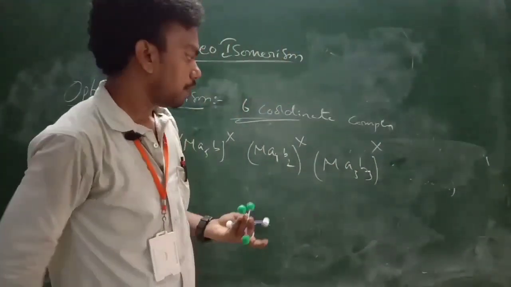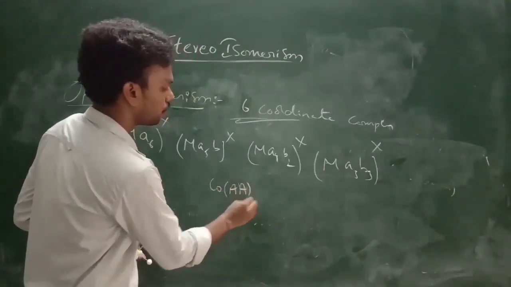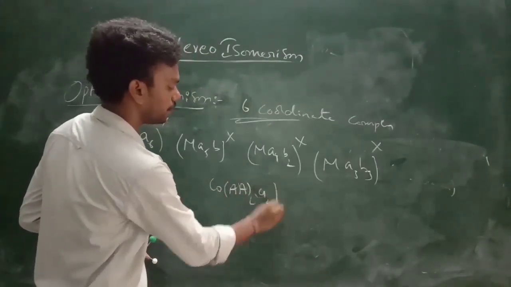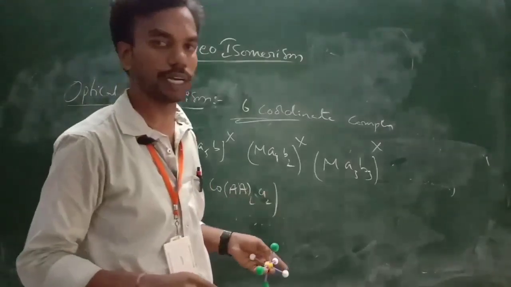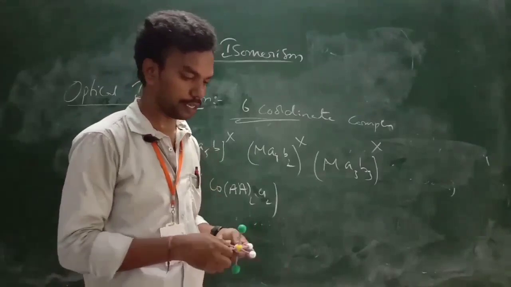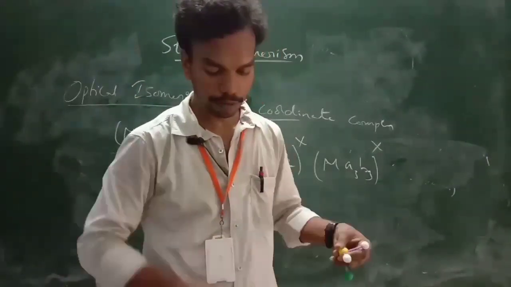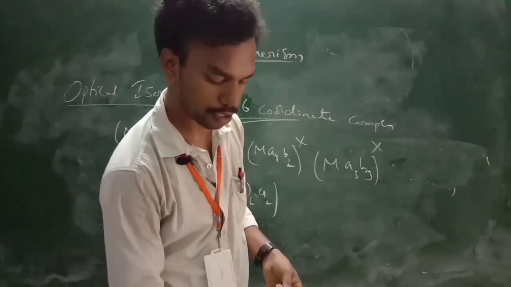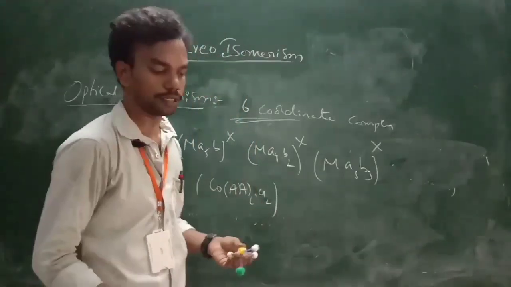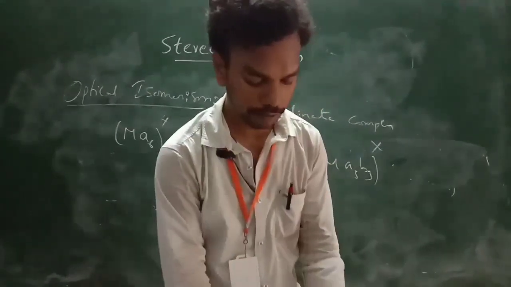Okay, and M(AA)2A2. Example of this complex, Co(en)2Cl2. Okay, if you see that, example for that complex is Co(en)2Cl2. So does this complex show any geometrical isomerism? Just check yourself.